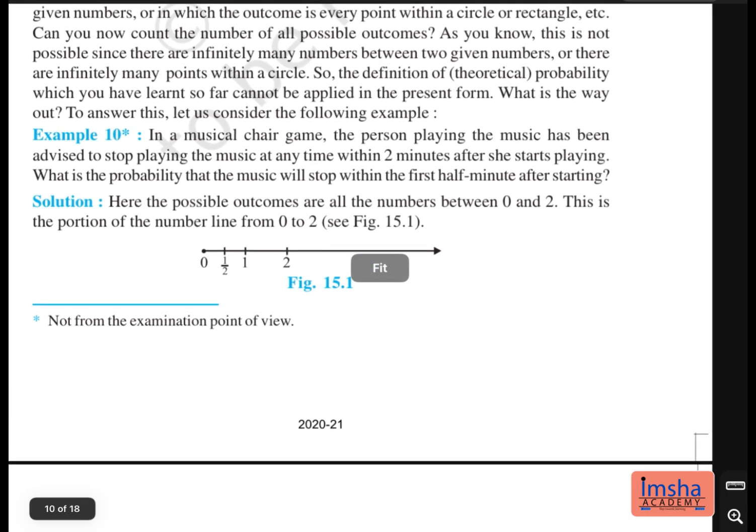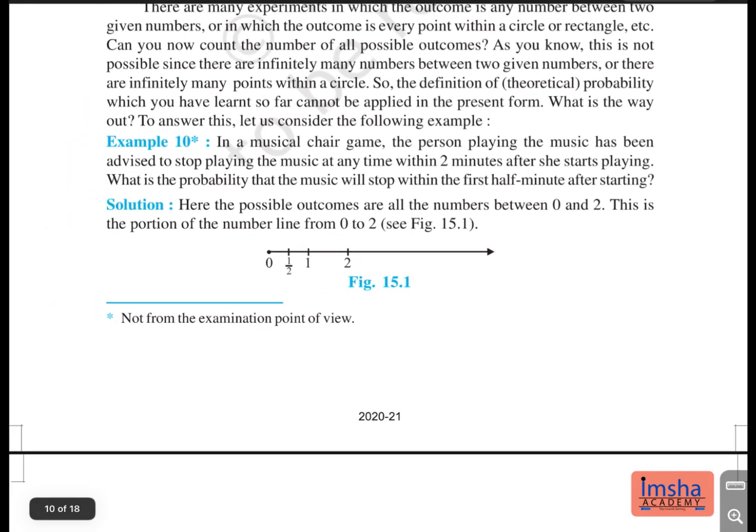Next question. In a musical chair game, a person playing the music has been advised to stop playing the music at any time within 2 minutes after she starts playing. What is the probability that the music will stop within the first half minute after starting? See, here the possible outcomes are all the numbers between 0 and 2 minutes, right?